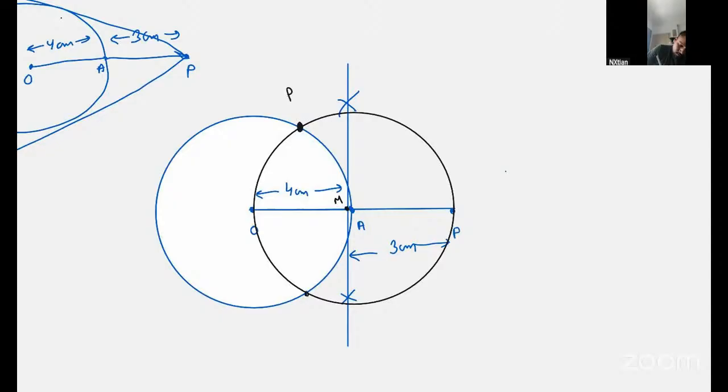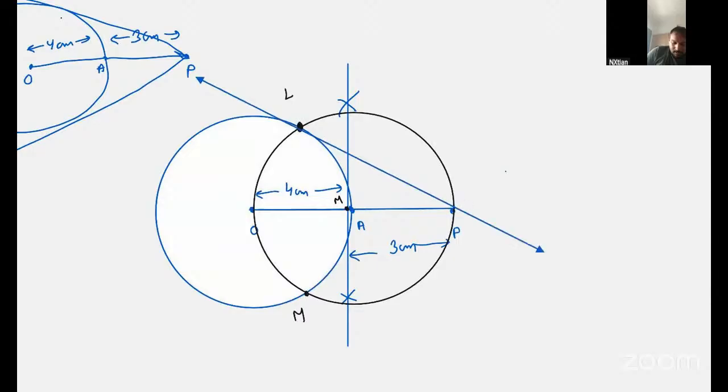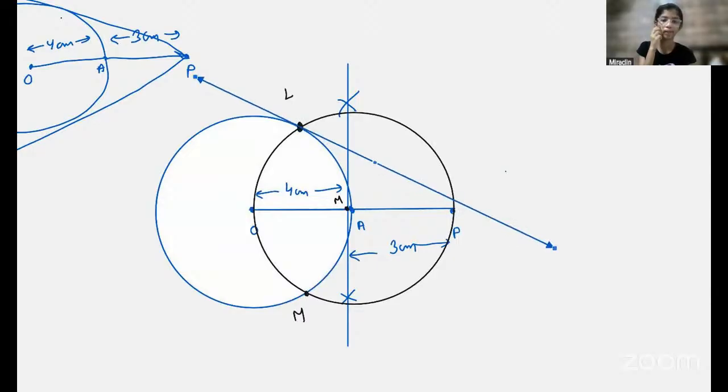We'll name this one L and this one M. Now what you have to do, you have to draw a line passing through L and touching P. It's going to look like this. Same, you have to draw the line. So you got two tangents. Everyone got this?